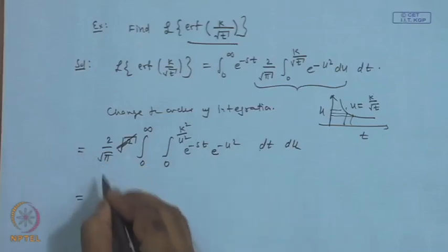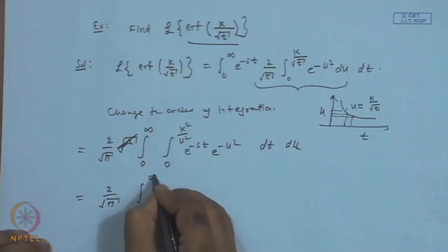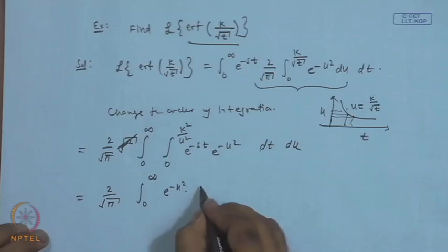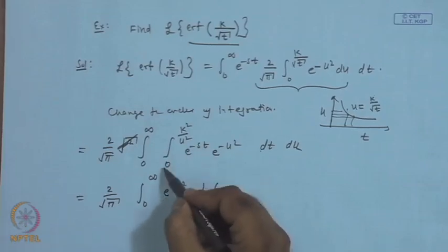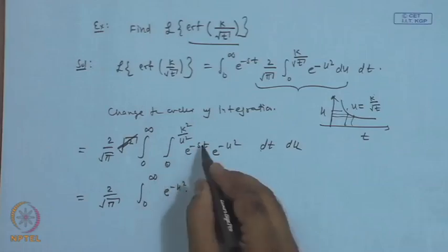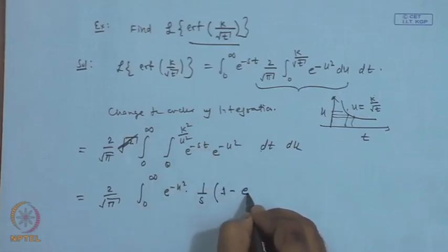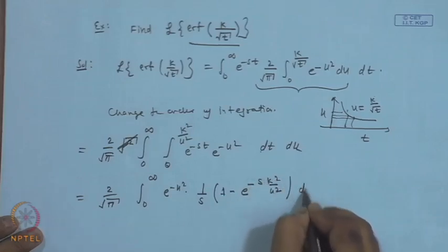So, what we have then is 2 over square root pi, and the integral from 0 to infinity of e to the minus u square. The integral of this gives 1 over s, a minus sign comes, which we can accommodate with the limits. Putting 0 first, we have 1 minus e to the minus s k square over u square, and we have du.